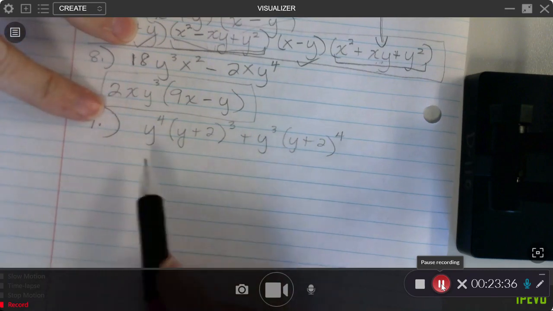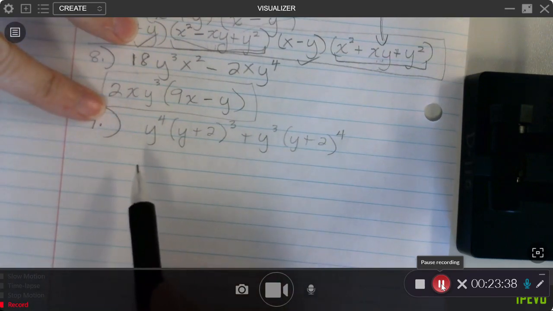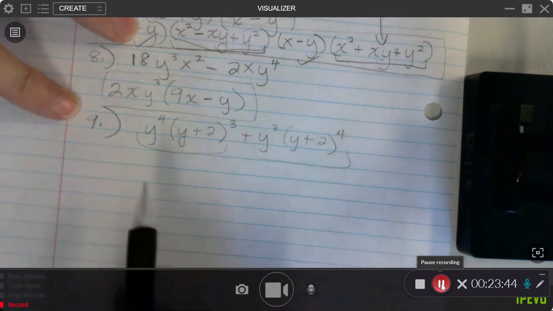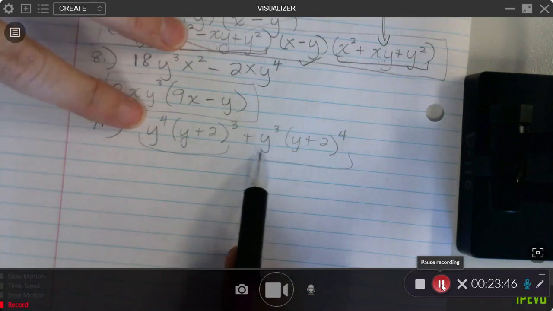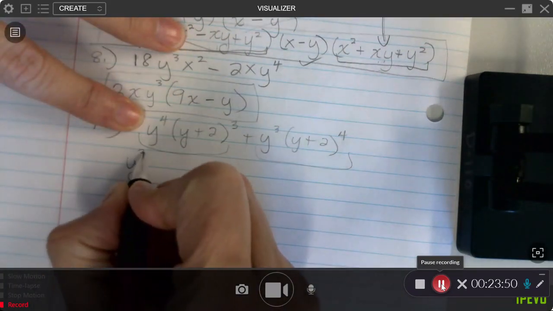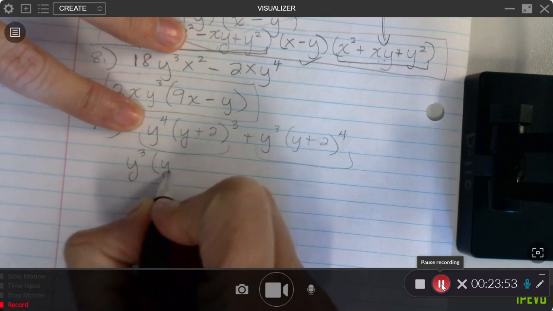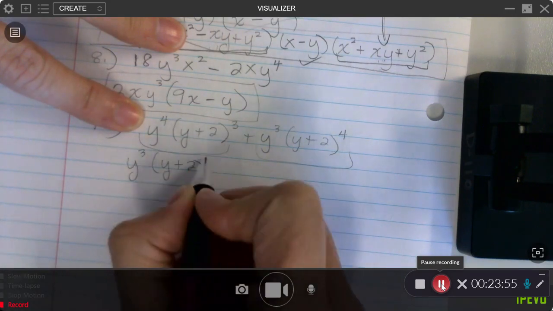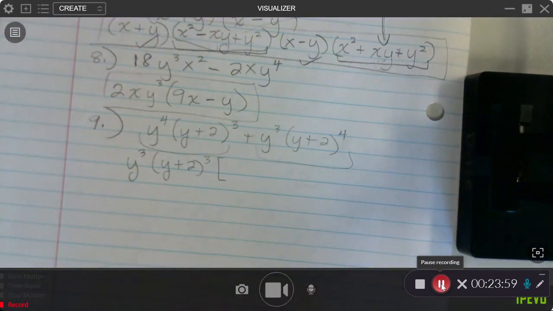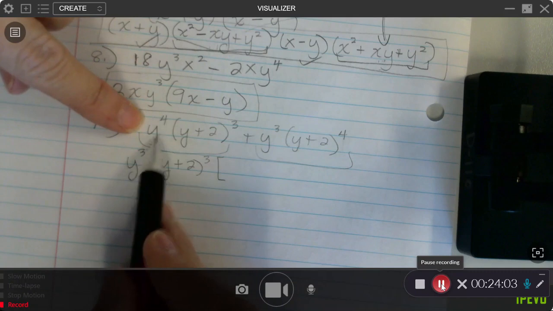How many terms do you see here? 2 big terms, that's exactly right. So what factors out that's common in those 2 terms? Y to the third and y plus 2 cubed, nice. And when we factor out a y cubed, what's left here?